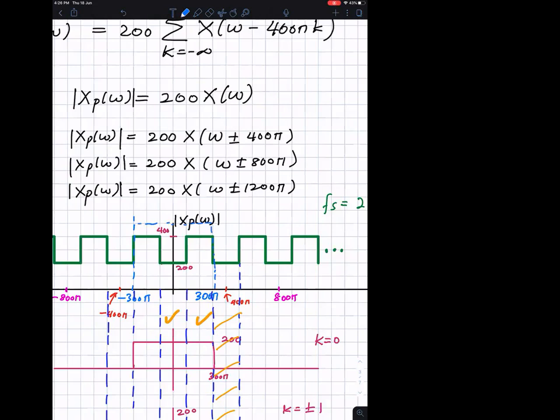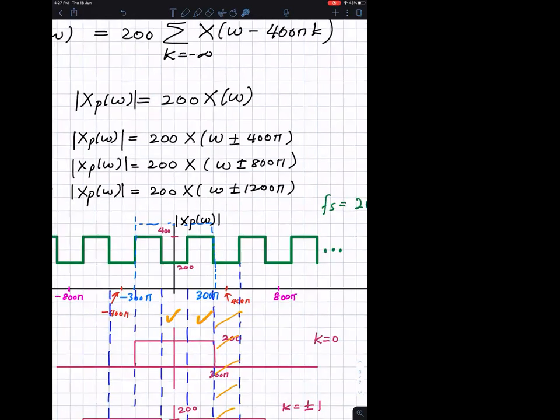As you can see, it's no good. The original signal, you can see the amplitude is not consistent because of overlap. Amplitude is higher in this frequency range and lower here. It's not a good sampling frequency.